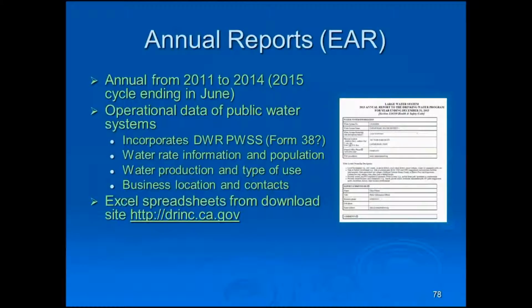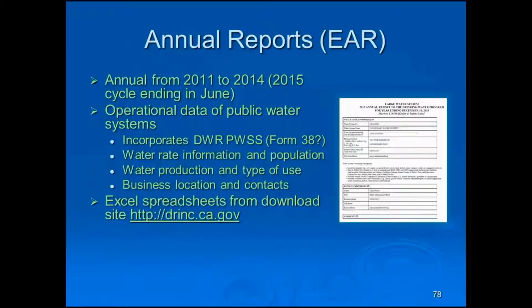Annual reports. This is operational data from about 2011 to the current year of maybe 4,000 to 5,000 water systems who have elected to report. A lot of these 8,000 systems say, nah, we're not going to be doing that. But we have it all electronically. So you can see the production data they reported, the percent that went to agriculture versus landscaping and so forth, for all of these different water systems.